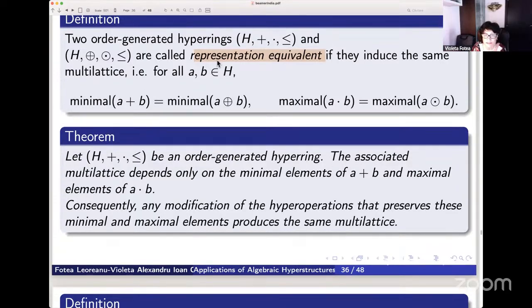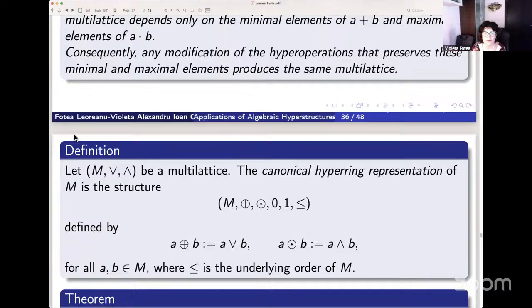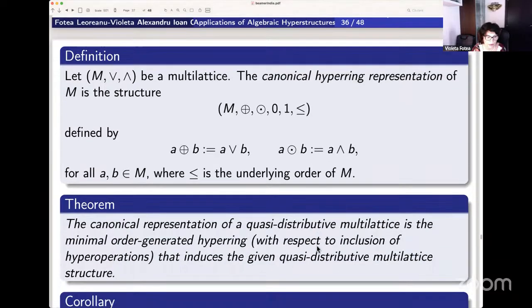But between these hyperring structures that induce a multilattice, we shall consider one that we shall call the canonical hyperring representation of a multilattice. For this one, we consider not all upper bounds for addition, but only the minimal upper bounds. For multiplication, not all lower bounds, but only the maximal lower bounds.